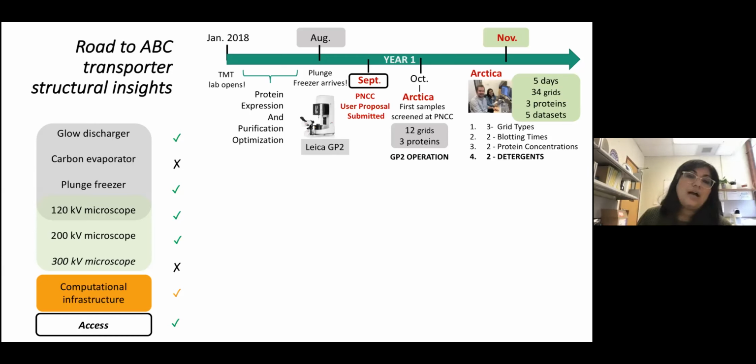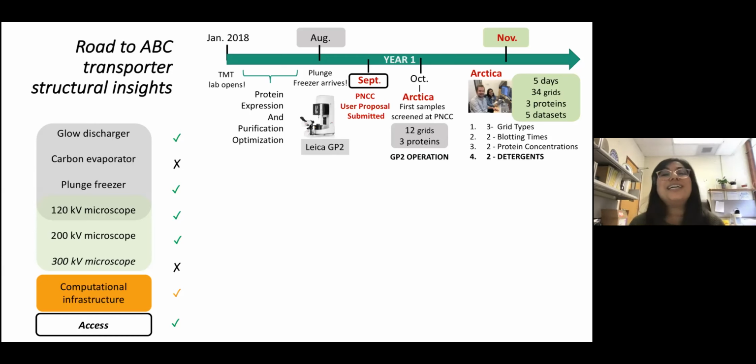Nancy likes to call us the beta users, a badge I wear proudly. And I hope that our first few visits didn't deter them from working with us, because although we screened 34 grids, I think I brought something close to 54 grids that sampled all 3 of our proteins of interest: our positive control, our something borrowed, and our something new.